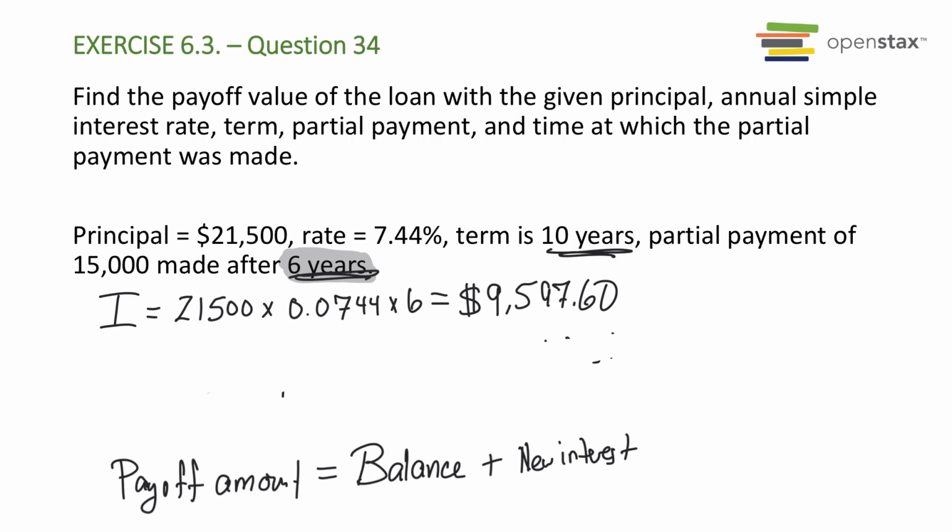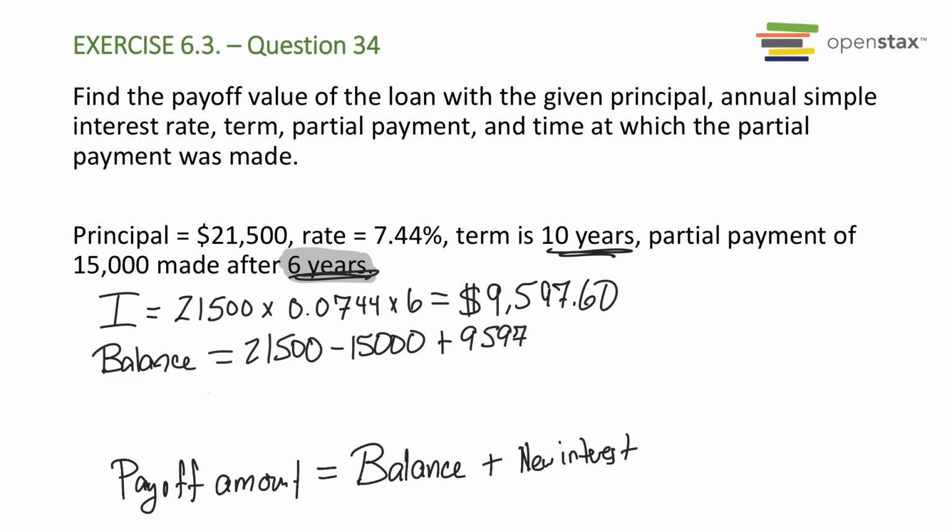So the next thing we need to do is calculate how much is remaining on this loan after we've made a $15,000 payment. So the balance, sometimes you'll hear this as the forward balance because this is the balance going forward. It would be $21,500 minus the $15,000 that we paid plus the $9,597.60 in interest. So we started with a balance of $21,500.